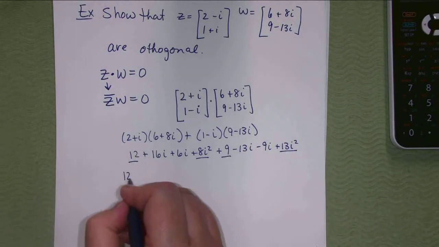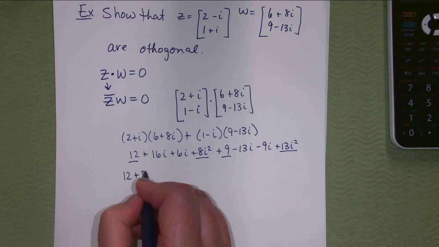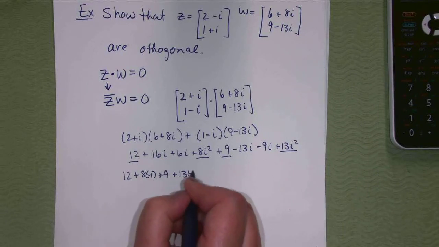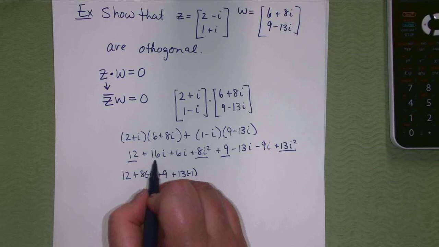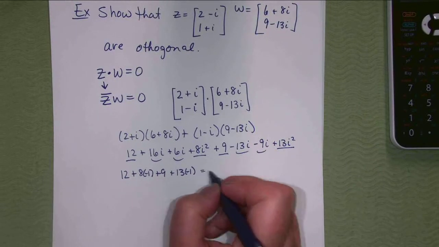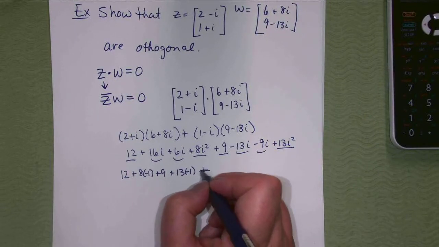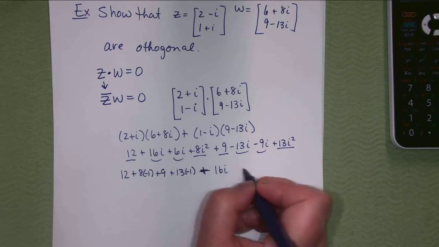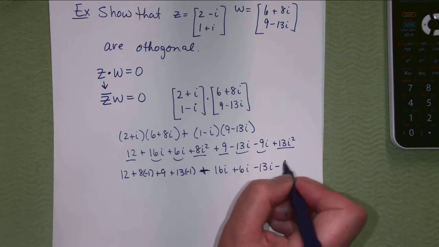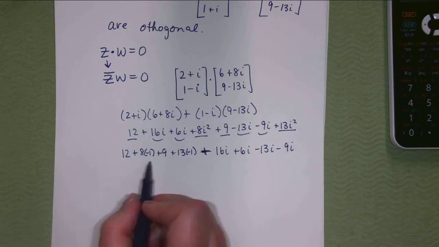So 12 plus 8 times minus 1 plus 9 plus 13 times minus 1. And, whoops, 16i plus 6i minus 13i minus 9i. All right, so what do we have?